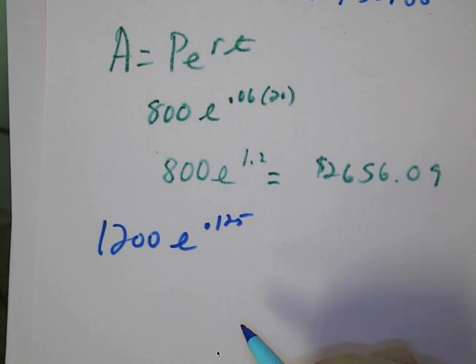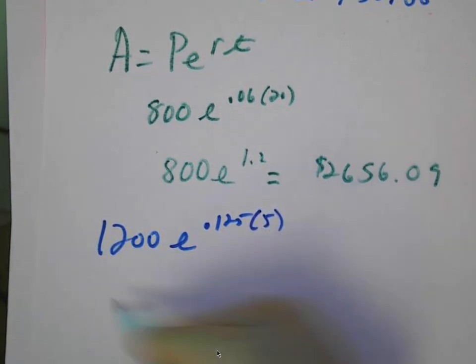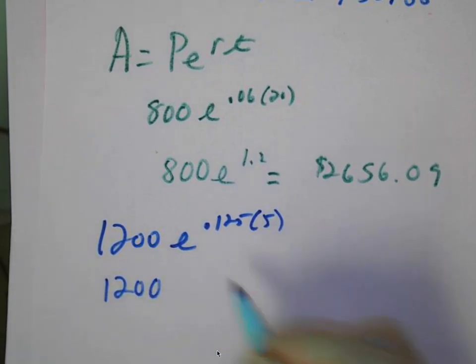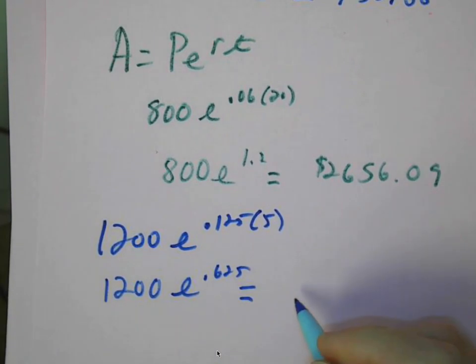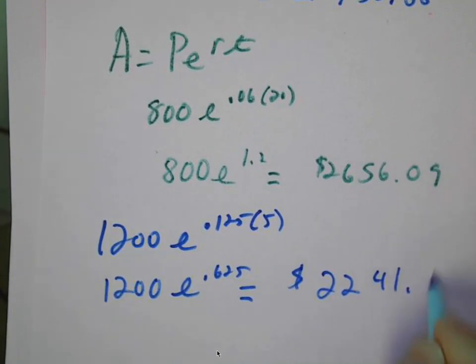We said 5 years. So you get 1,200 times e to the 0.625. If you put 1,200 bucks in, leave it alone for 5 years, and it earns interest continuously, you get $2,241.90.